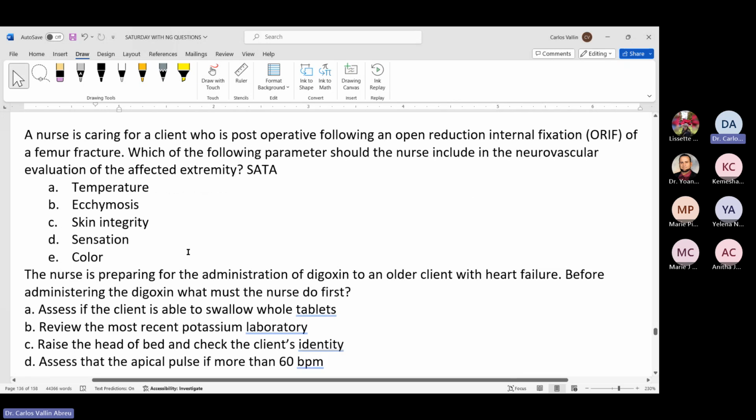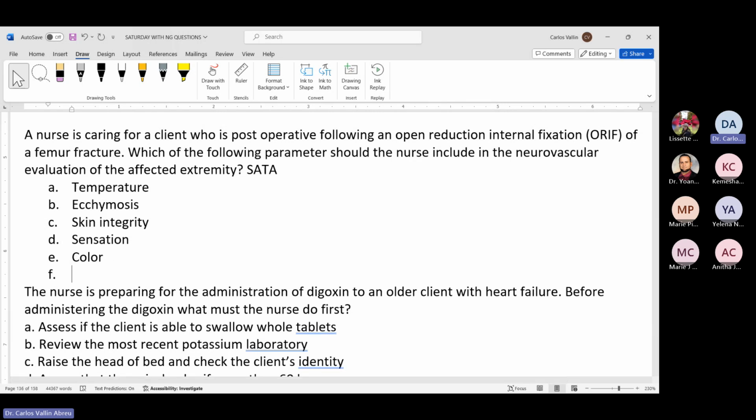A nurse is caring for a client who is post-operative following an open reduction internal fixation, ORIF, of a femur fracture. Which of the following parameters should the nurse include in the neurovascular evaluation of the affected extremity? Very important.